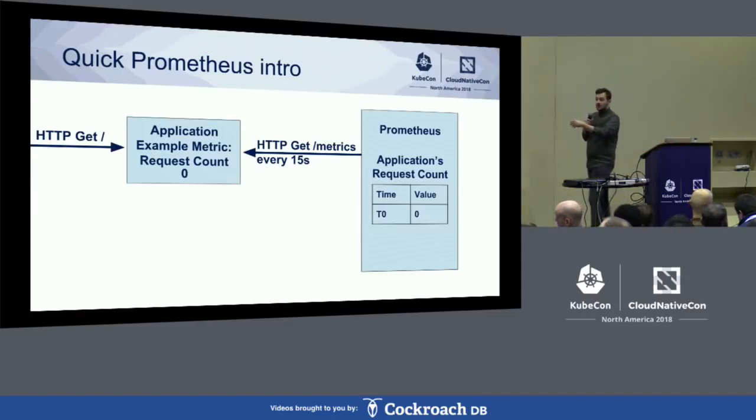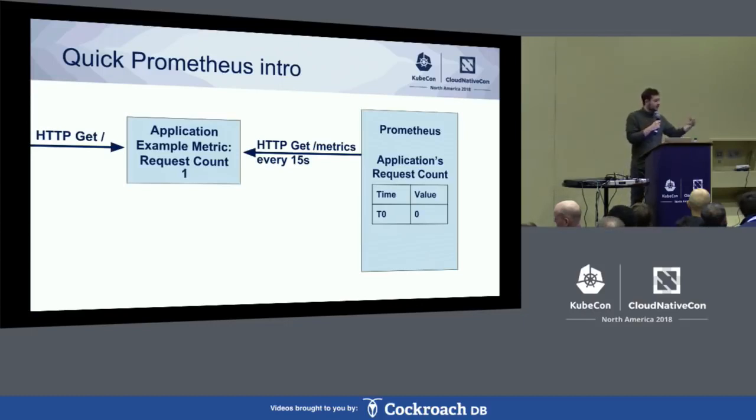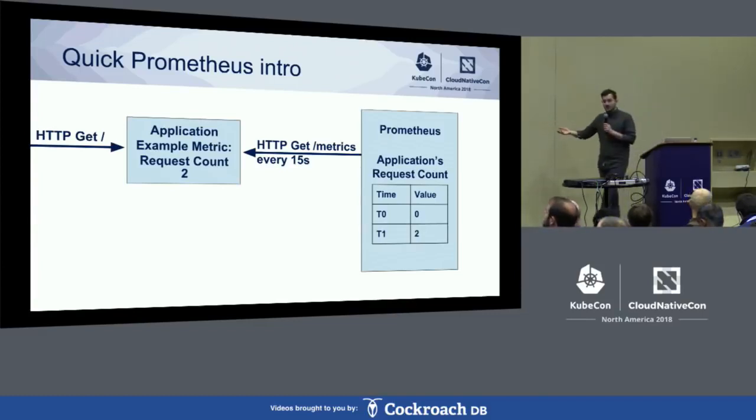And in this case, our process hasn't actually received any traffic itself, so the request count was 0. But now we're actually routing production traffic to it, and over time it increases its metrics internally, right? And so, for example, now we have 2 requests that were hit against this service, and the 15 seconds have elapsed again, so Prometheus comes around and scrapes the metrics and inserts it into its time series database.